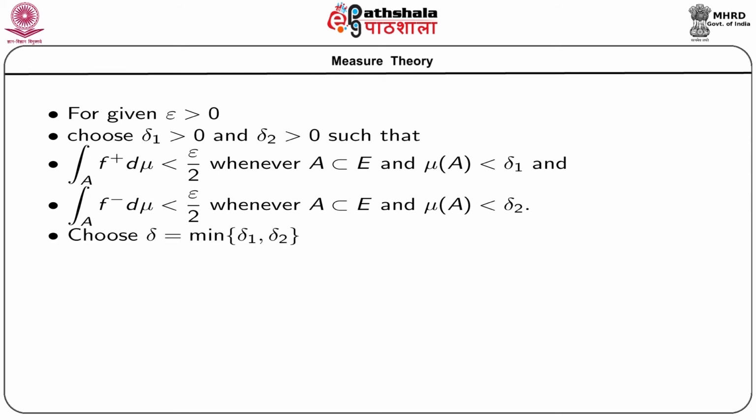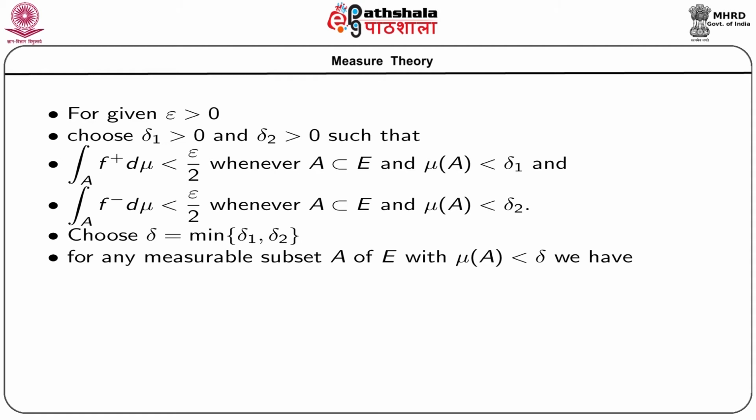Now, as in many cases in analysis, let us choose delta as the minimum of delta 1 and delta 2, and then it is easy to observe that whenever we take a measurable subset A of E whose measure is less than delta, we get the integral over A of mod f d mu equal to the integral over A of f plus d mu plus the integral over A of f minus d mu, because Lebesgue integration has the property that the integral of f plus g equals the integral of f plus the integral of g. Each term on the right hand side is less than epsilon by 2.